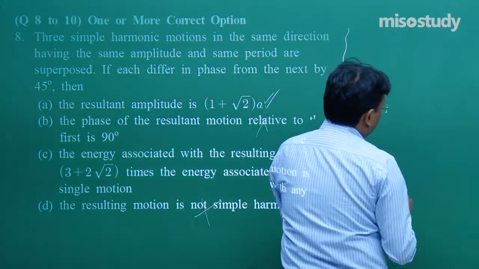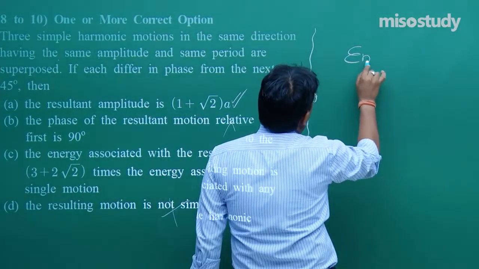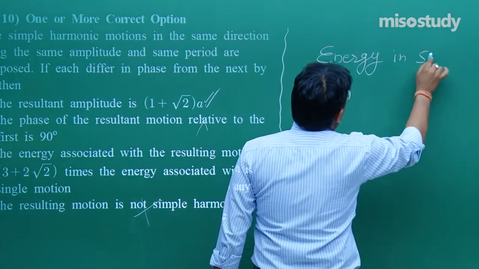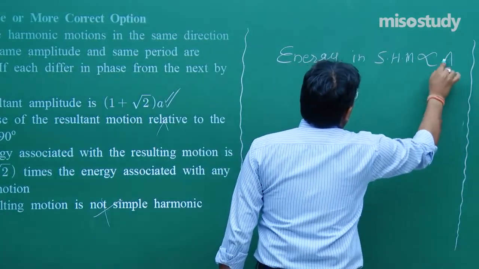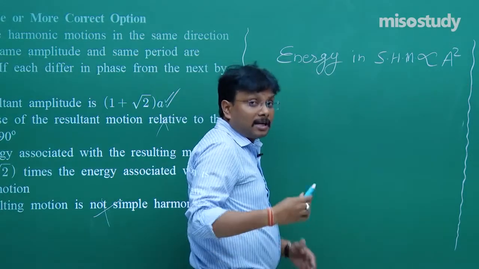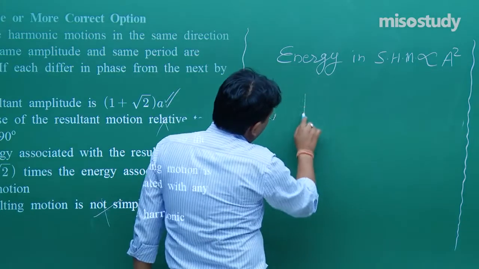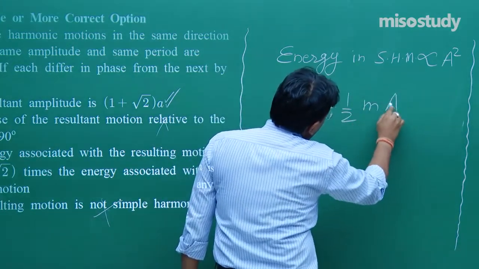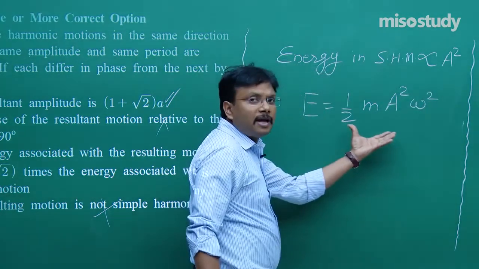Okay, let's try to check it. You know, students, energy in SHM is directly proportional to A square. Means energy oscillates and it is directly proportional to A square. So E is equal to half m A square omega square, the general relation of the energy.